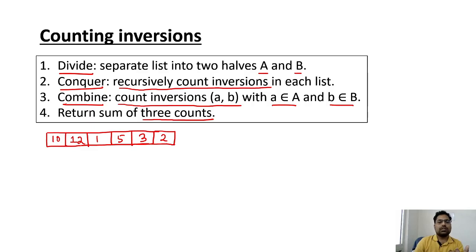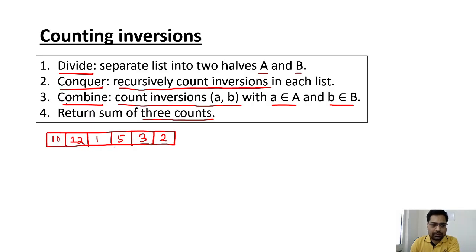Clear? Suppose these are the elements we have. What we have to do is use the divide, conquer, and combine approach, and try to find out the counting inversions.